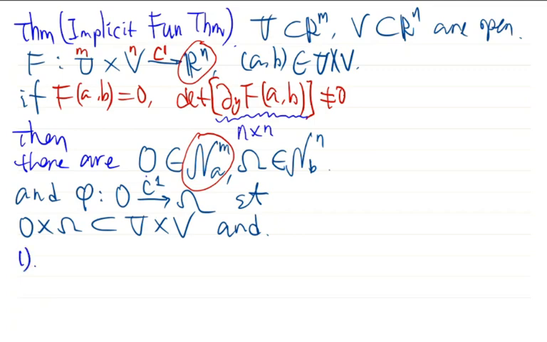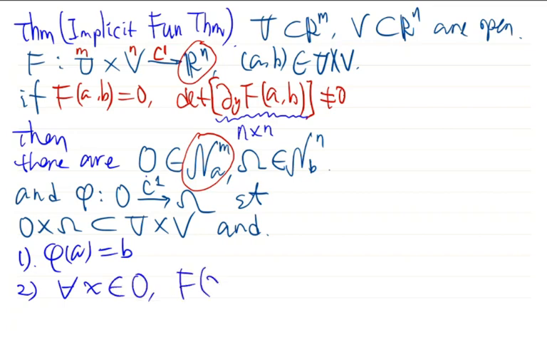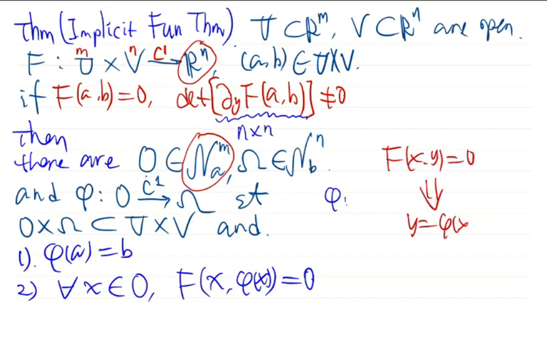The first is that phi(A) is B. The second is that for any x in O, F(x, phi(x)) is 0. This means we solve for y from F(x,y) = 0. We solve for y equal phi(x). Therefore, this map phi, whose existence we declare, is an implicit function of x.